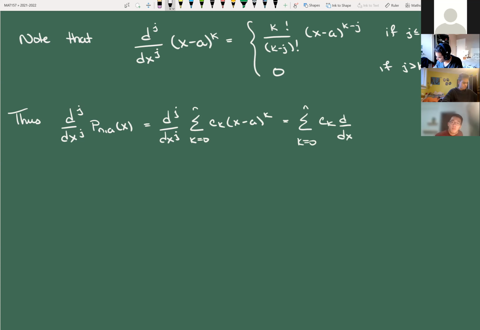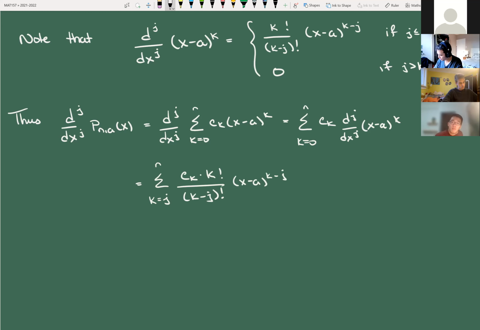And I can factor out that coefficient as well. So d^j/dx^j of (x minus a)^k. I can now apply that formula that I have above. So this is now actually going to go from k equals j to n, c_k times k factorial divided by (k minus j) factorial times (x minus a)^(k minus j), like that.